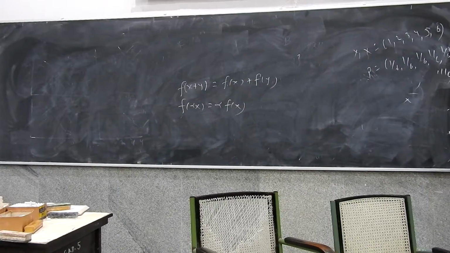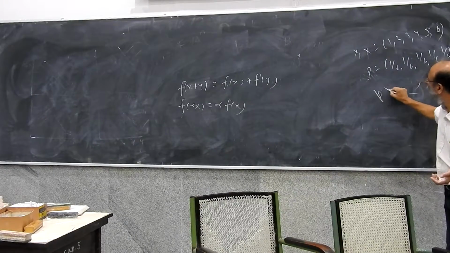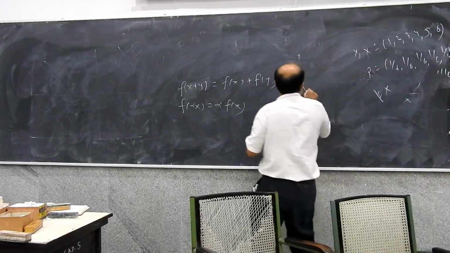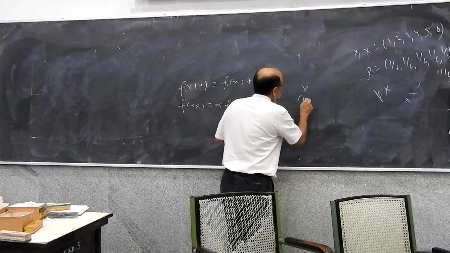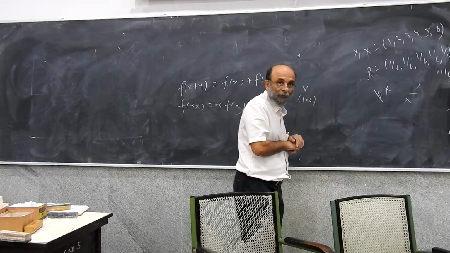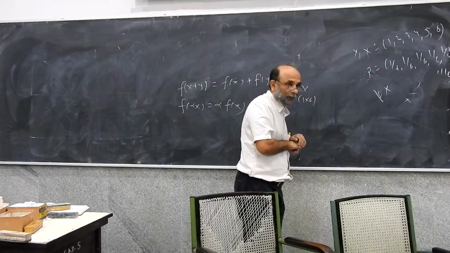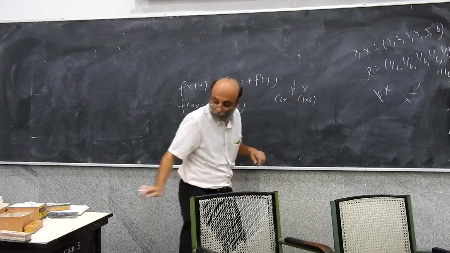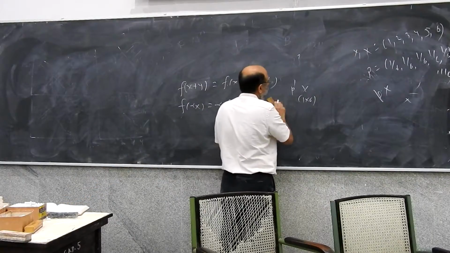So what is the expected value? P dot X. The dot product of P and X. So it is P1 into X1 plus P2 into X2 plus P3 into X3, and so on. Or in a matrix formulation, what would that be? If X is a 1 row 6 column, then P dash will be 6 rows 1 column.